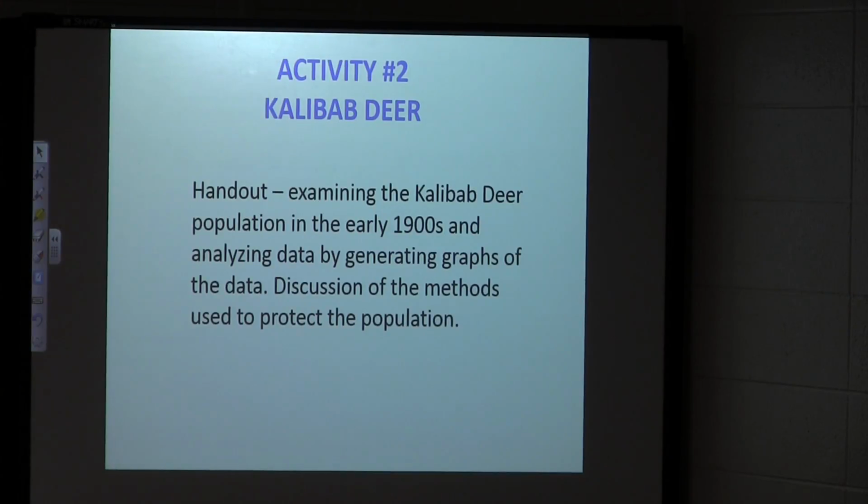In the handout, there are a couple of paragraphs explaining about the Kaibab deer population, what their carrying capacity is, and some of the regulatory policies that were put in place in order to get it to its carrying capacity. But then what happened when those regulatory policies were put in place and what it did to the population.